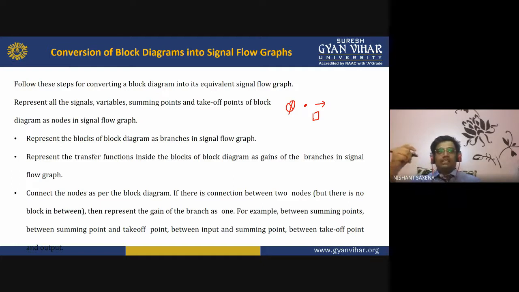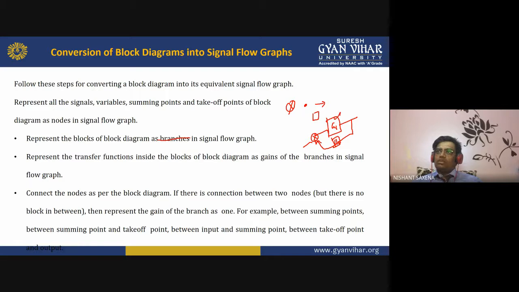The next step is to represent the blocks of the block diagram as branches. Suppose this is a block diagram in which this is your G1 and this is your H2, which is giving the feedback.